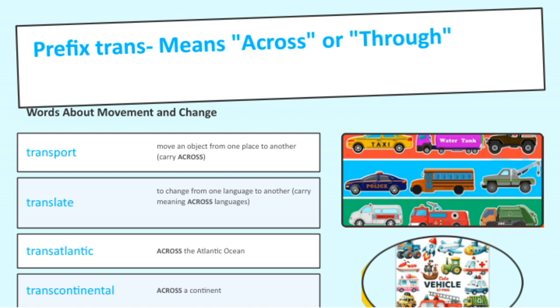All these words about movement and change share a common root, the prefix trans. Remember, trans always signifies crossing over, whether it's land, water, languages, or objects. It helps us understand the idea of going across something, connecting different places or concepts. This idea of crossing boundaries is central to many of the words we've discussed today.